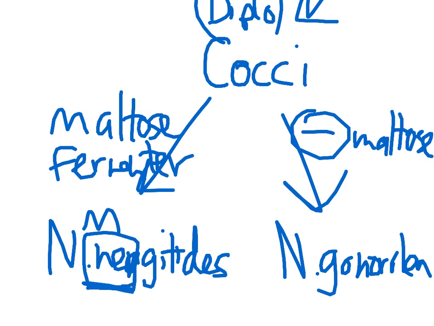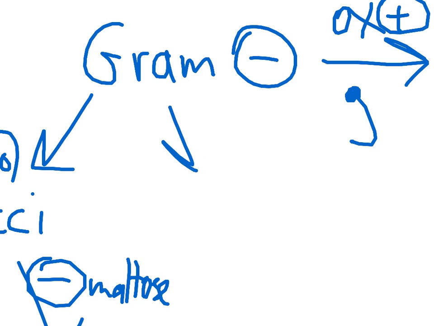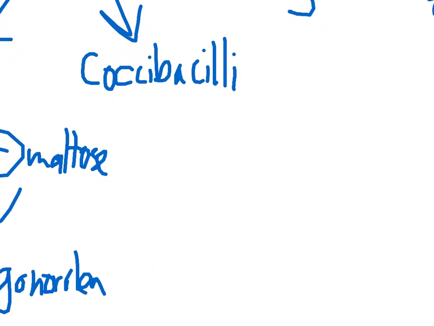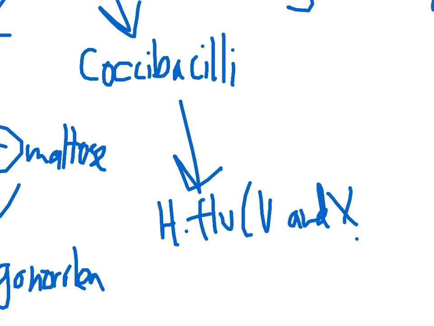The second category we're going to look at is something called coccobacilli. You have your rods, which are bacilli, and then you have your cocci, which are the spheres. In the middle of that, you have your coccobacilli. These are kind of the miscellaneous guys. We're talking Haemophilus influenzae, which requires factors V and X, so maybe that would be a way you could distinguish it.